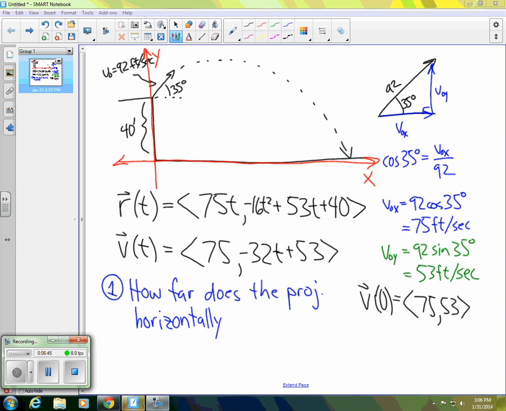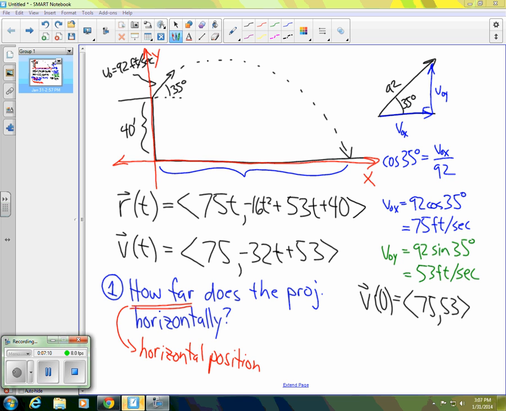In other words, what we're asking for is this distance right here. When we see 'how far,' that's a position question, and that question is about horizontal position.